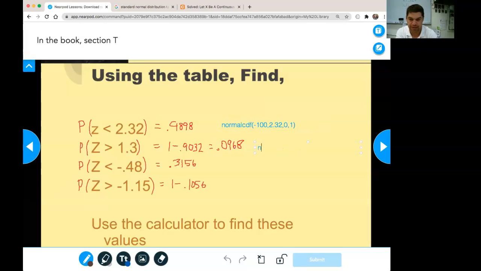This one's greater than, so 1.3 is going to be your lower bound. So 1.3 is our lower bound, and we need a very, very large number above 1.3. You could use 10, you could use 20, but 100 is kind of standard. I think the book uses 10,000 if you follow along in the textbook.